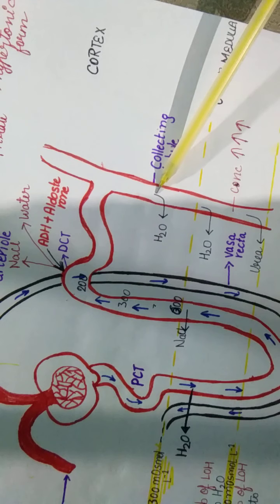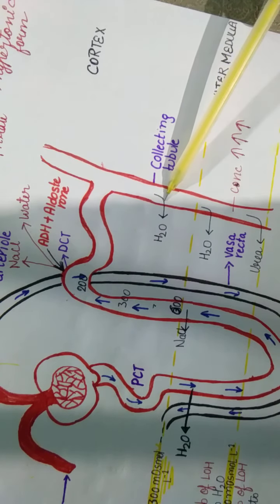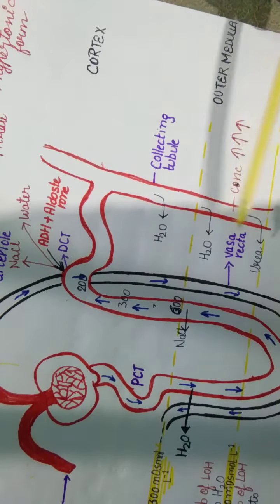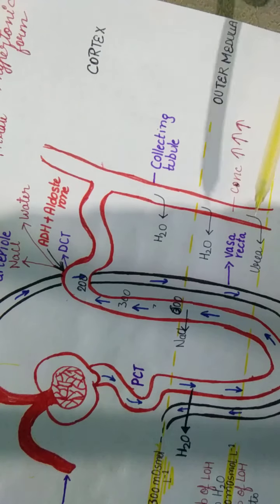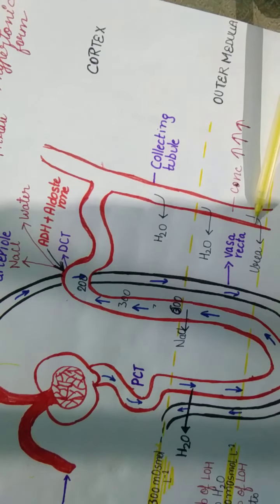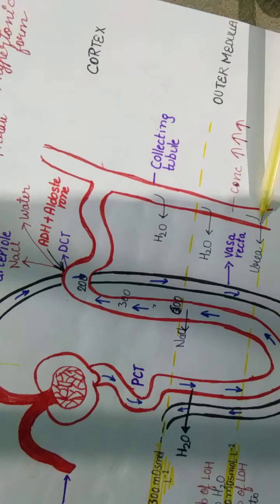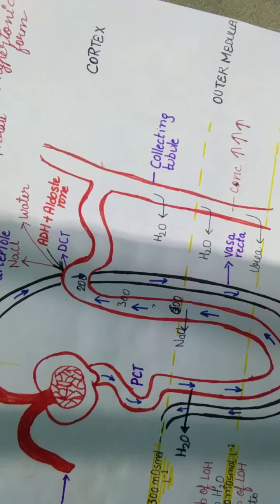Again in the collecting tubule, a larger amount of water will be reabsorbed and a small amount of urea will also be reabsorbed to maintain the electrolyte balance, and the urine will become concentrated. So guys, through this mechanism, 4 times concentrated urine is produced than the initial filtrate formed. In summary, in this way, the loop of Henle and vasa recta play a significant role in the formation of concentrated filtrate.